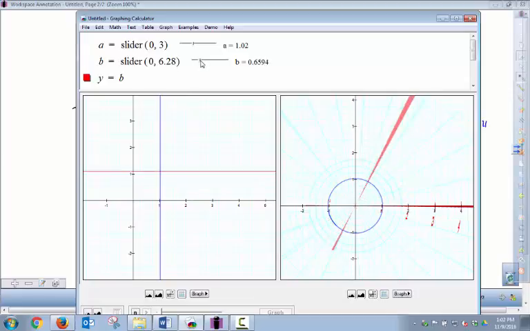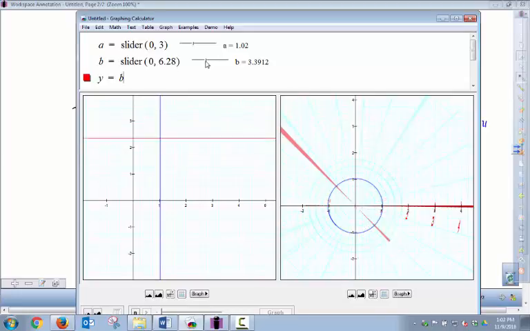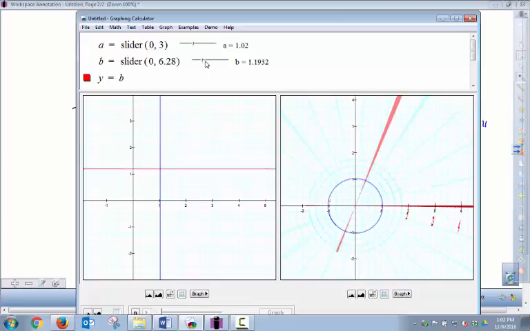And if you look at that red line, as b increases or decreases, as b moves along, you're going to get the line segments from the origin, describes radial distance.